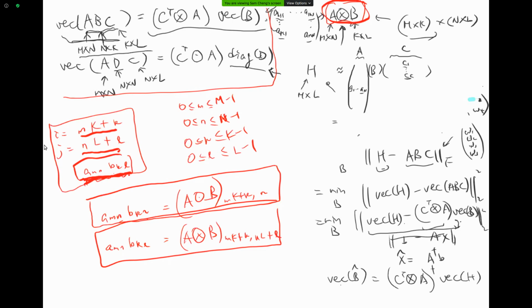So instead of B being an entirely arbitrary matrix here, suppose I only allow a diagonal matrix D, which is a square matrix. Then the dimension of C will become n by L, so there should be n rows there. In this case, we want to find D such that it best approximates H given A and C. This is very similar to the SVD here.